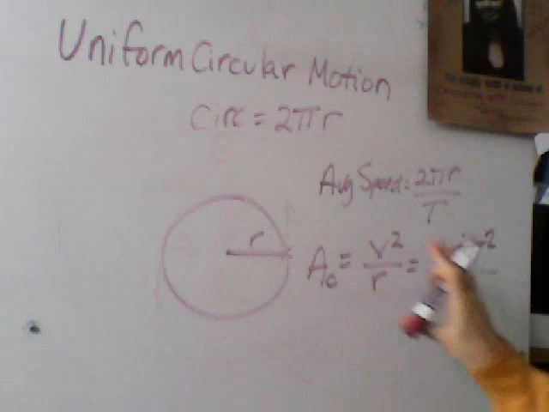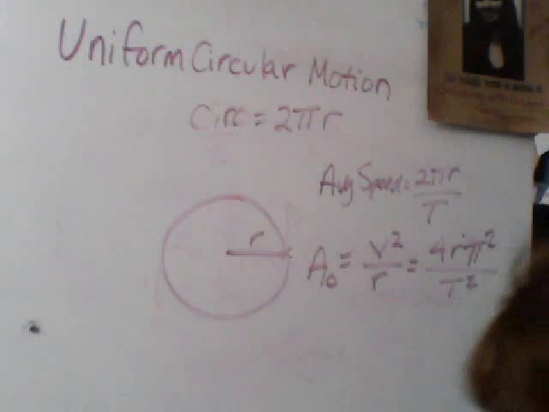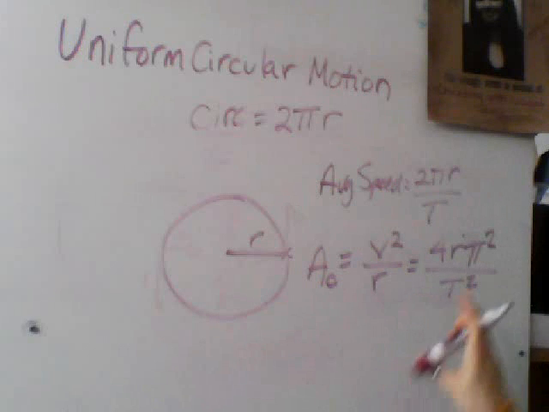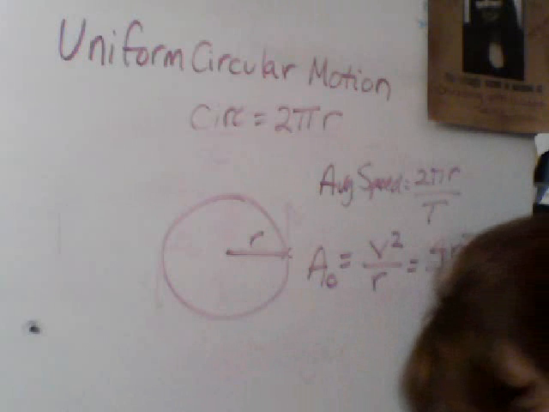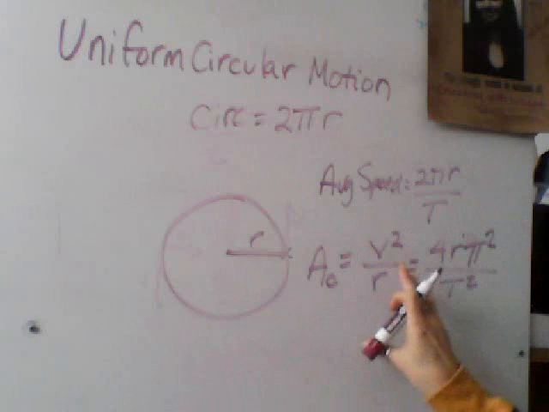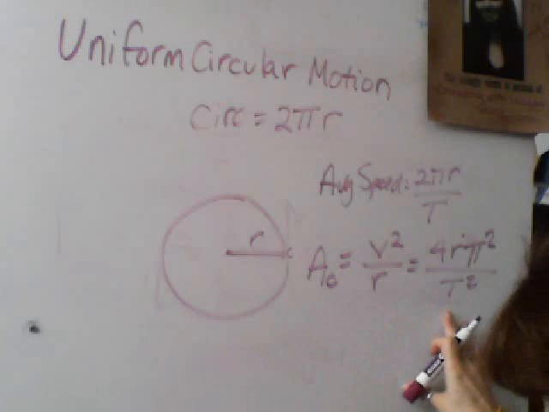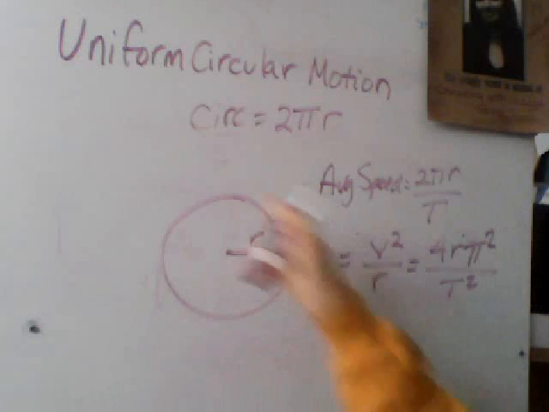We got this one by substituting in that formula of the 2 pi r into here, and we get that formula where v is velocity, r is the radius, and t is the time that it takes to go.